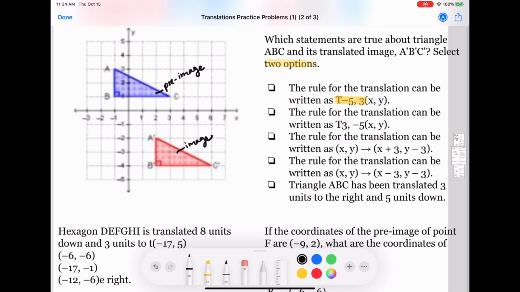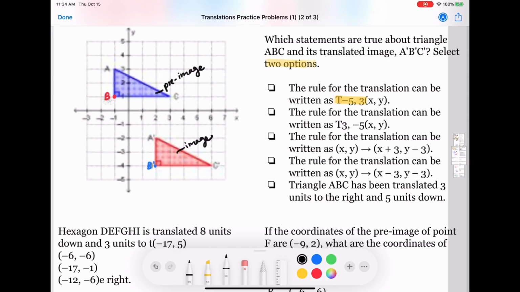So let's take a vertex. Let's start with vertex B, and let's also identify that vertex on our image, vertex B. Well, the easiest way to determine if this is in fact the rule for translation is to actually do what it says to do. So let's move 5 units to the left.